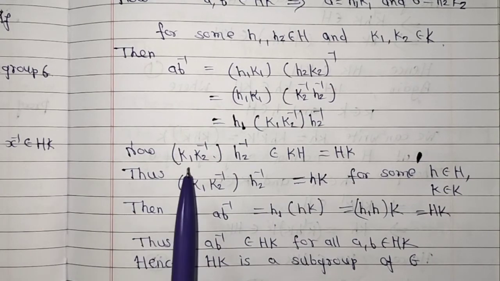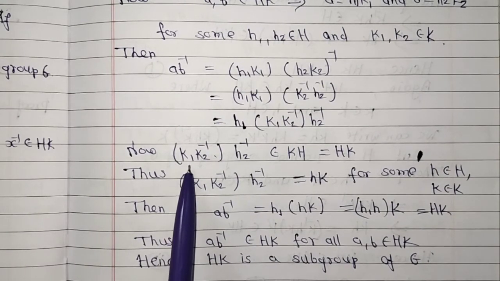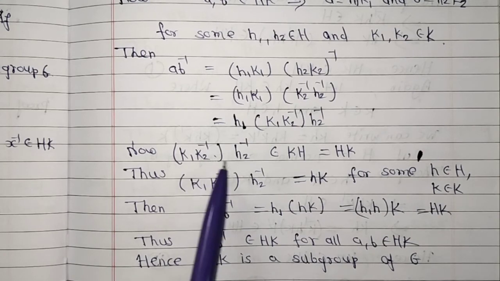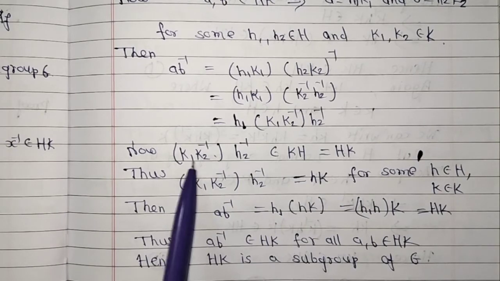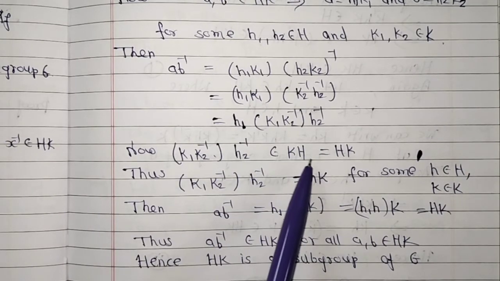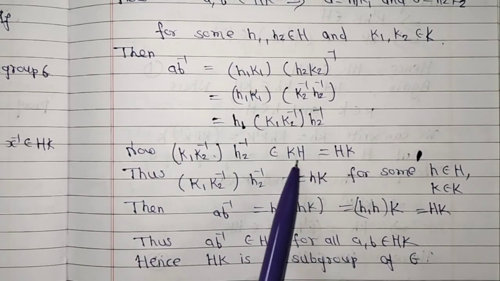Now (k1 k2 inverse) into h2 inverse belongs to KH. But KH equal to HK, we have assumed this property.